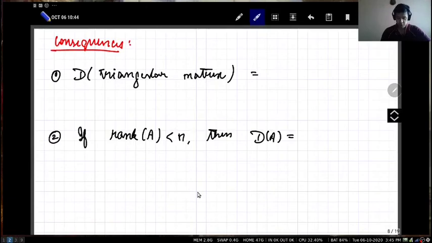So suppose that we have a triangular matrix, then what is D equal to? I claim that D of a triangular matrix is equal to the product of the diagonal entries.